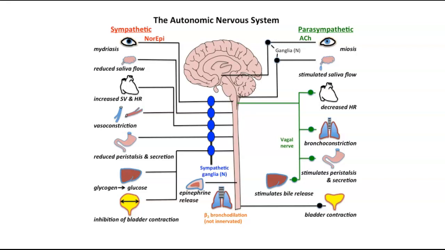So remember, the autonomic nervous system is fight or flight, which is the sympathetic nervous system, and then the parasympathetic nervous system is the rest and digest. Basically, this allows the body to maintain homeostasis. The sympathetic nervous system responds quickly to stress. The parasympathetic nervous system is much slower. The sympathetic nervous system is an accelerator, while the parasympathetic nervous system maintains the idling speed of the internal environment.